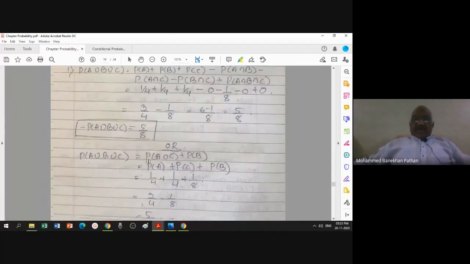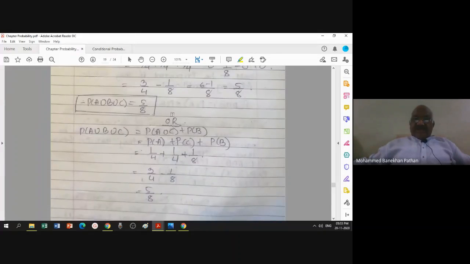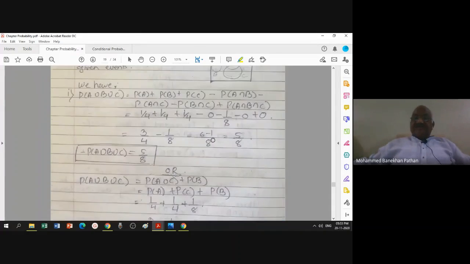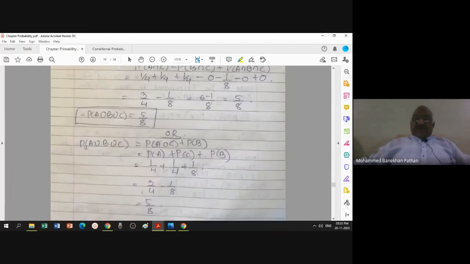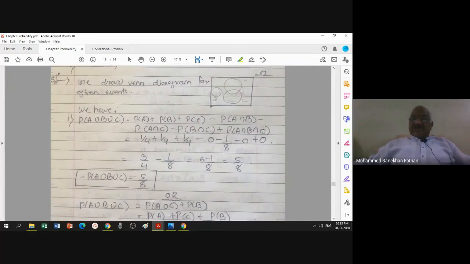Now you can get this answer by another approach, not necessarily by your theorem. I want probability of A union B union C. So I write probability of A union C plus probability of B, because as per my Venn diagram, union means total.